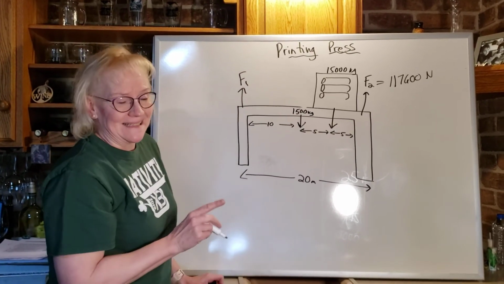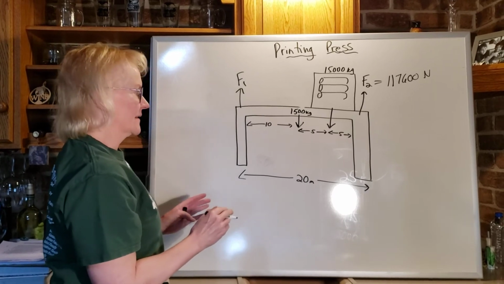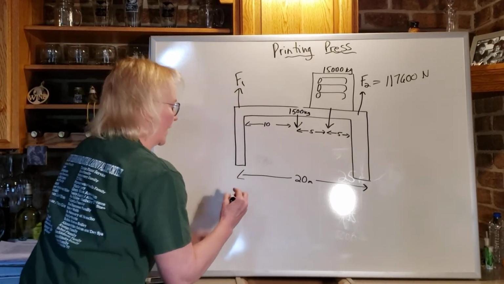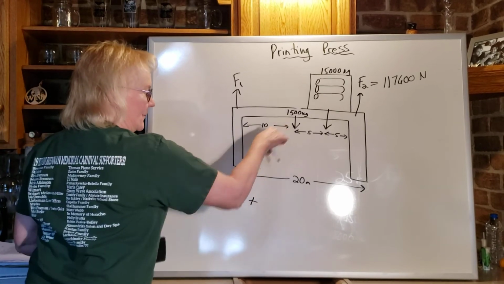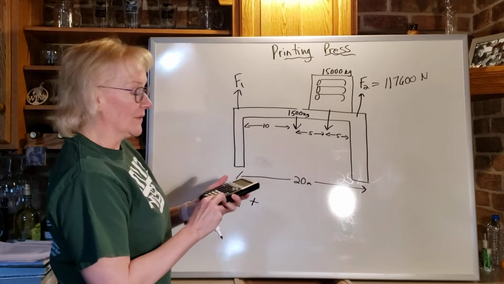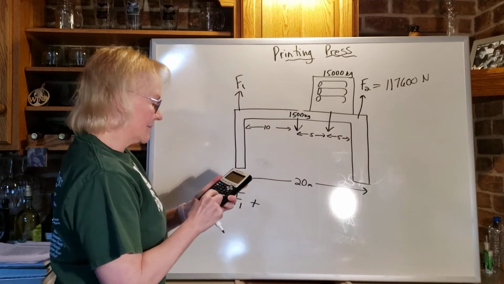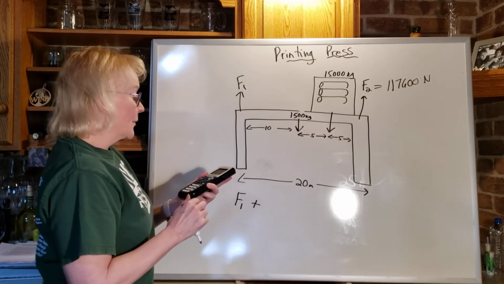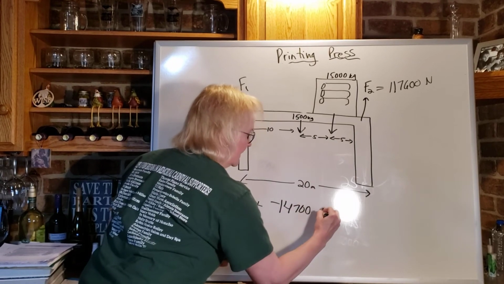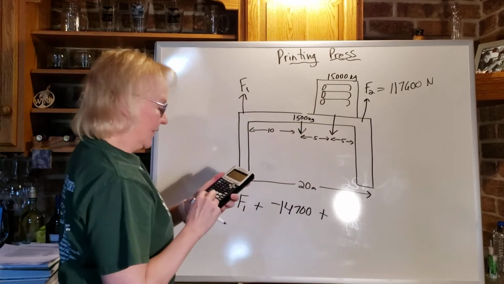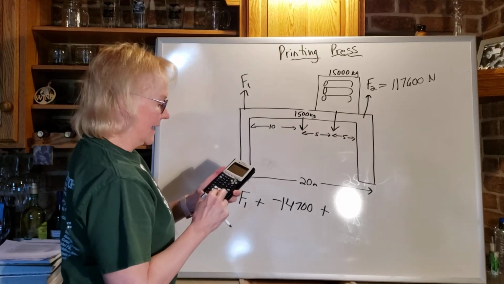However, you don't need distances. We're just going to look at the forces. So we've got F1 going up. We don't know F1. What's the second thing we have? We have the force of the beam, which is 1,500 times 9.8. It's pushing down, so it's negative 14,700. We've got another downward force, 15,000 times 9.8.